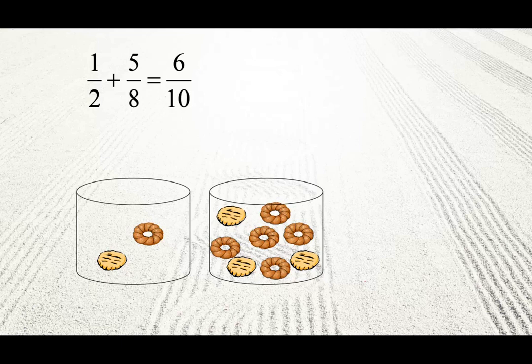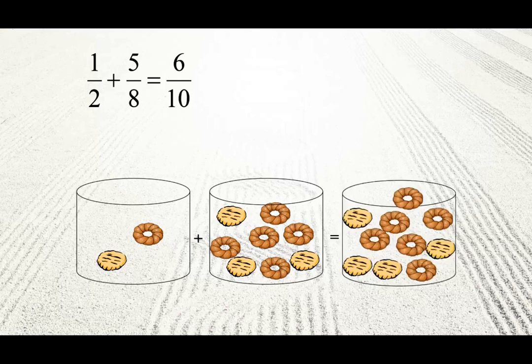So if you mix these two containers, how many cookies? This is an addition situation. We've got to put them together. So total 10 cookies, 6 of them are chocolate. So if students have this image of fraction, what's wrong with this? This is totally fine. Why doesn't this make sense for us?